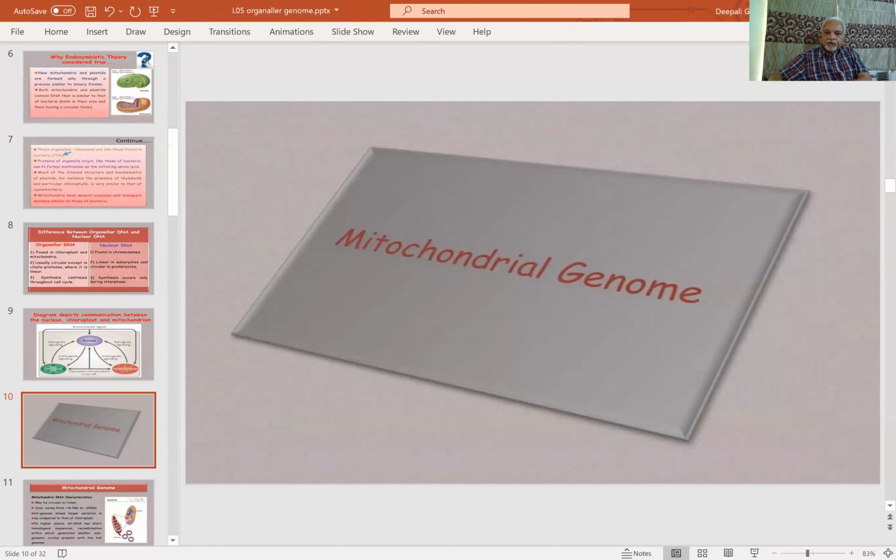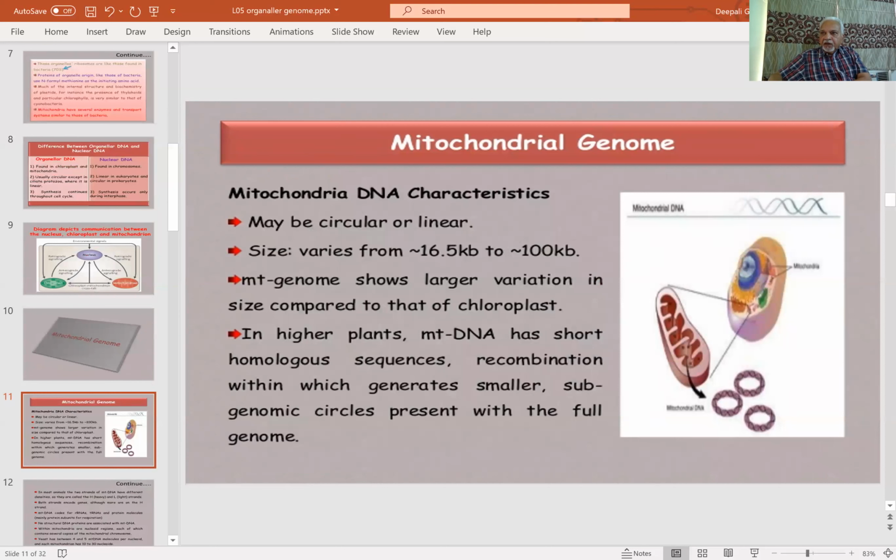Now, focusing on the mitochondrial genome. What are the characteristics of the mitochondrial genome? It is circular or linear, as I told you, in the case of protozoans, but by and large, it is circular in nature, except one exception.